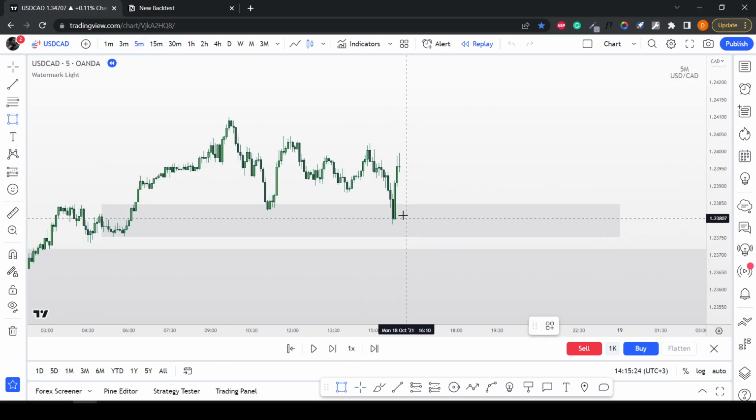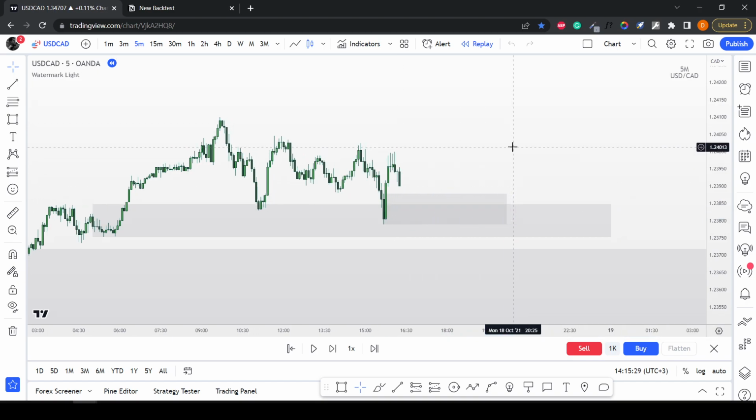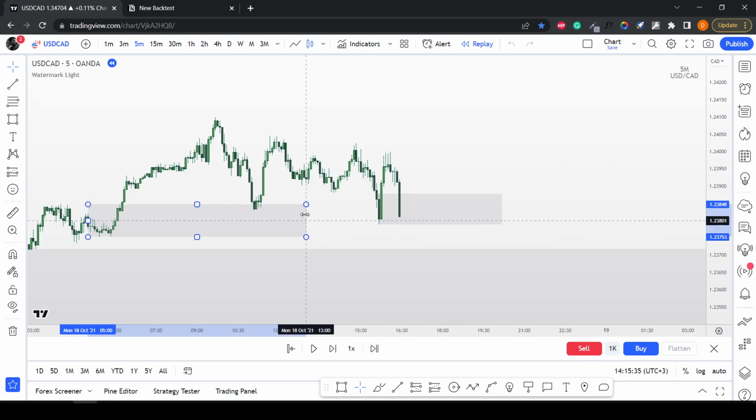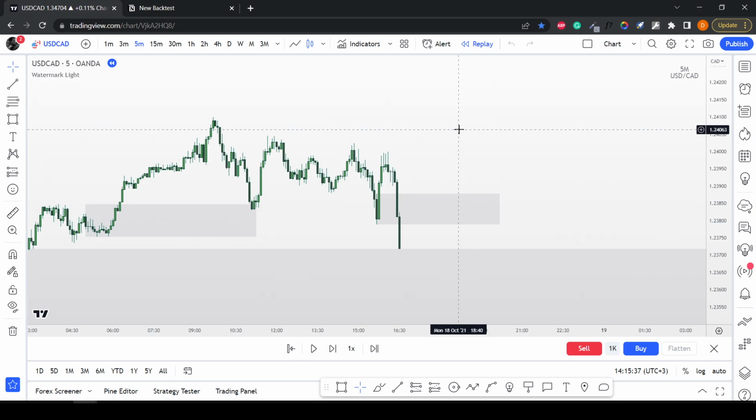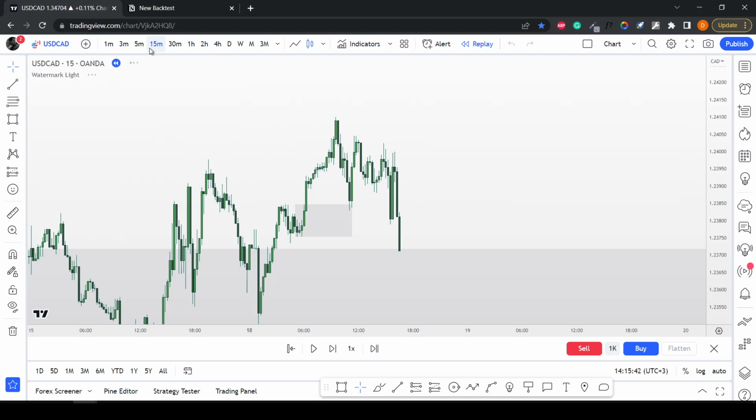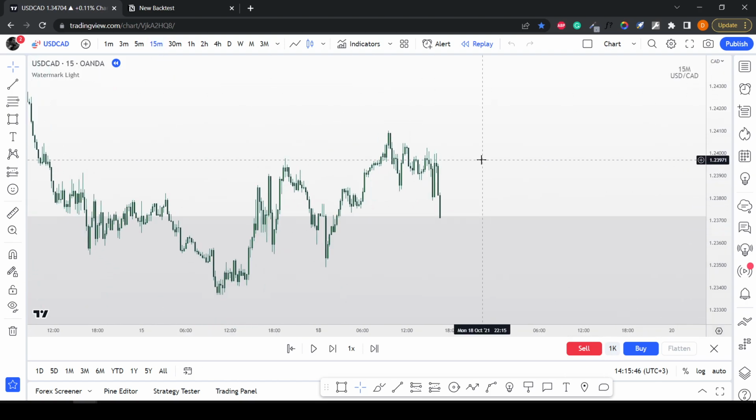So we have internal structure built on 5 minutes. So we have a tap, don't have reaction yet, and of course let's see if we break the zone. So we just break the zone, 15 minutes is breaking, so accumulation continues.